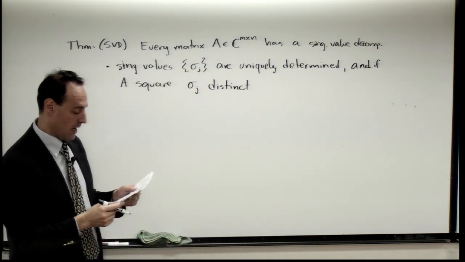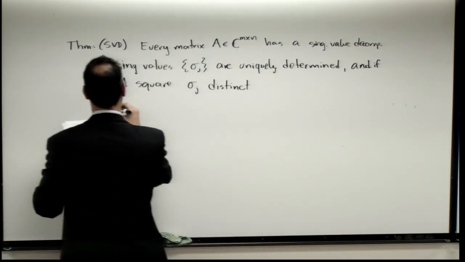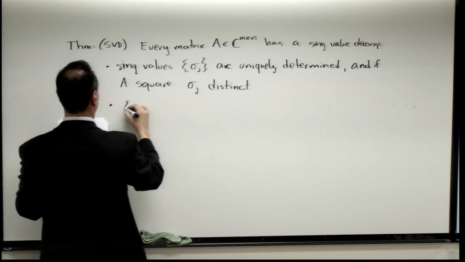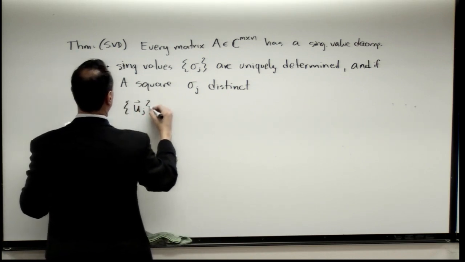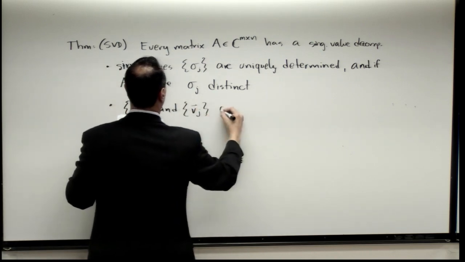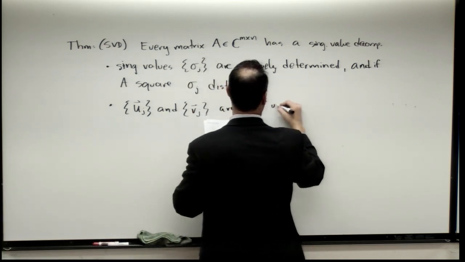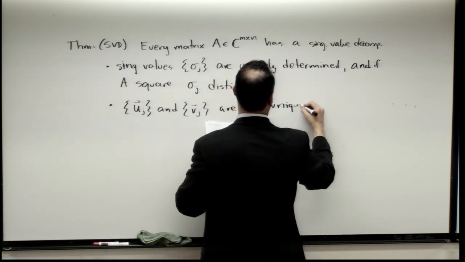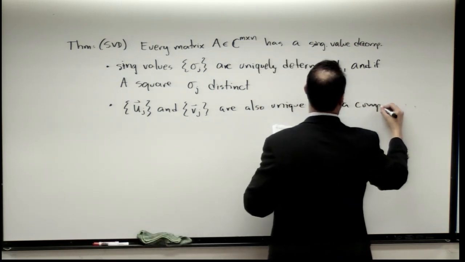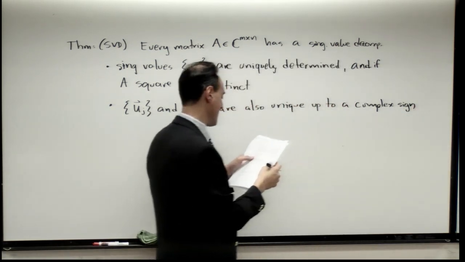Okay? And then also the singular vectors, u of j's and v of j's, are also unique up to a complex sign. Okay?